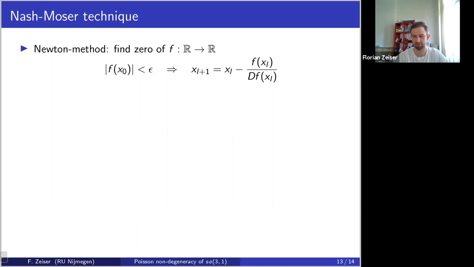So x_{l+1} is given by x_l minus f of x_l divided by the derivative of f at x_l. Therefore, one of course requires the invertibility of the differential.